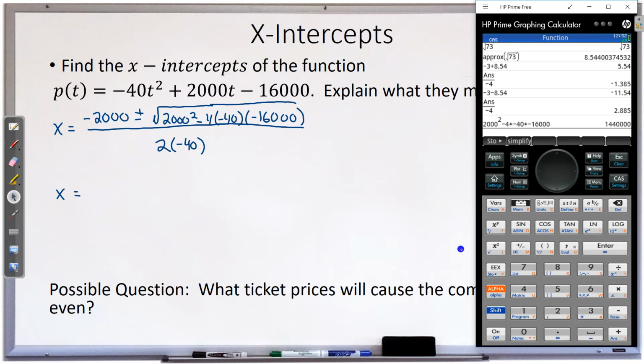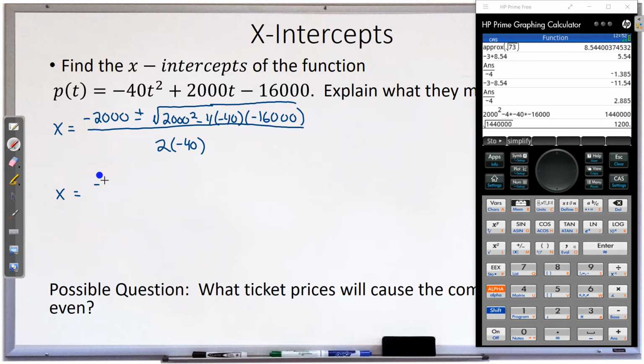So there we get a really big number, 1,440,000. But then we need to take the square root of that number. Since I've got it in the calculator already, I'm going to do the square root of 1,440,000, and we get 1,200.